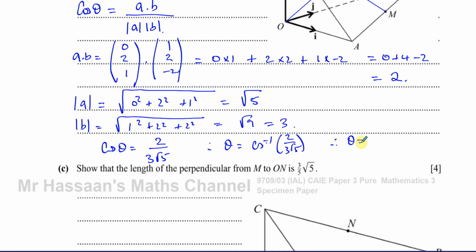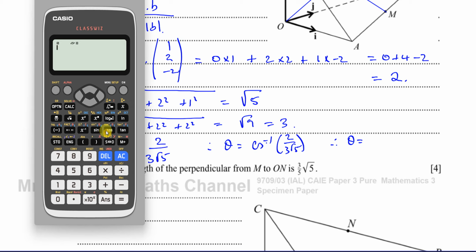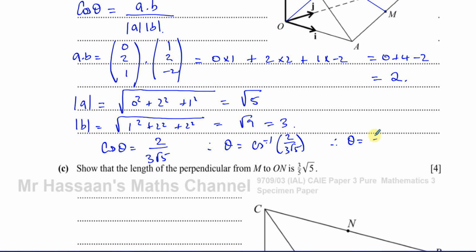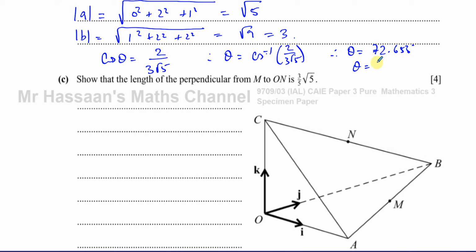Let's take the calculator, with inverse cosine in degree mode, of 2 divided by 3 times root 5, and there we have our answer, 72.653 degrees. They didn't tell us what to round to, so to 1 decimal place, that's 72.7 degrees.